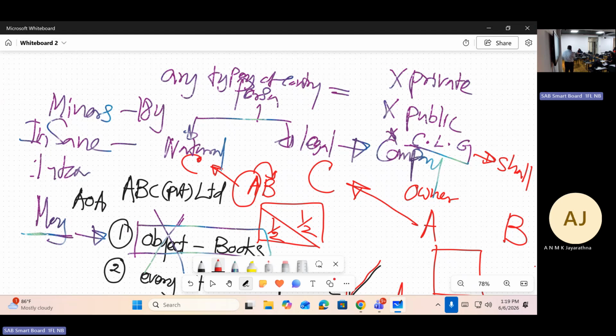This company shall mention. The company shall mention its objects. Therefore, it is a mandatory requirement. Right? Company shall mention its objects.